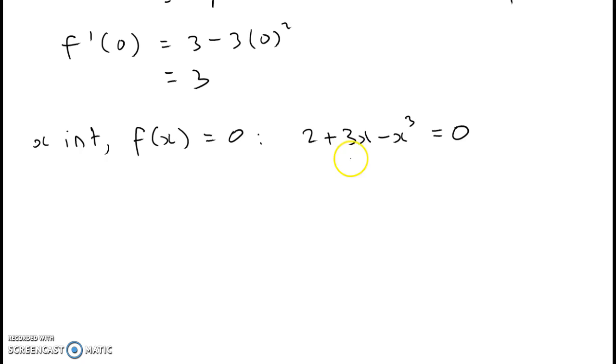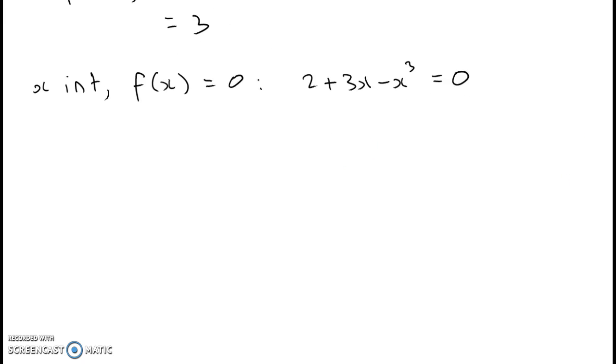Now we could solve this using the factor theorem that we looked at earlier in the year, but I'm happy for you to use your CAS calculator, the solve function, and you'll find that x is equal to 2 and x is equal to -1. So there are two x-intercepts.